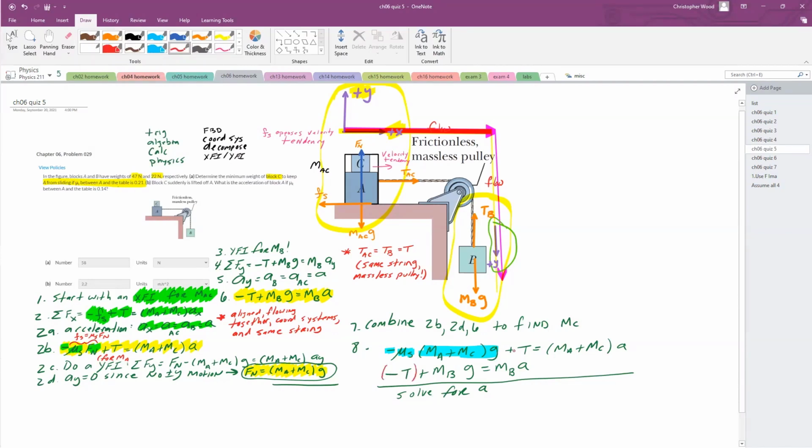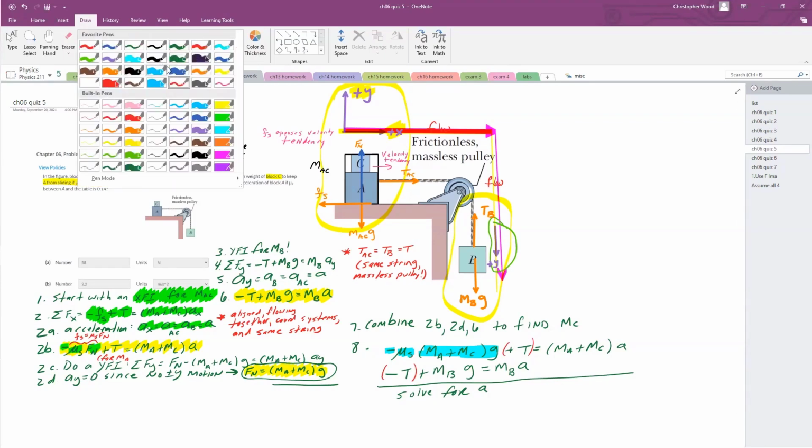So this minus T and this plus T will offset each other, which means I'll let you solve for A. And I don't want to steal your thunder because I'm definitely sensing the need for algebra activity. So I'll do mine off screen here.